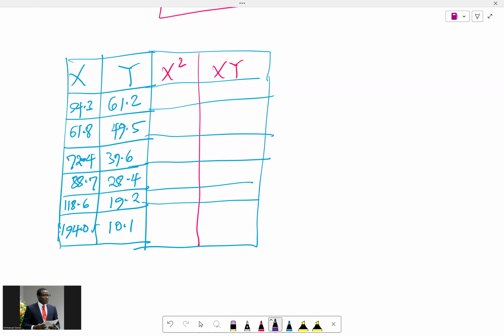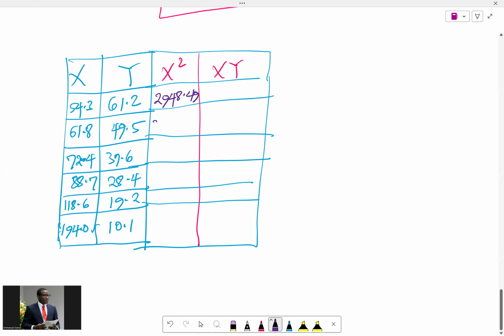So let's go for X squared, right? That's 54.3. And in computing all this, you have to be very careful. 54.3 raised to power 2 is 2948.49. Then we have 61.8 raised to power 2.